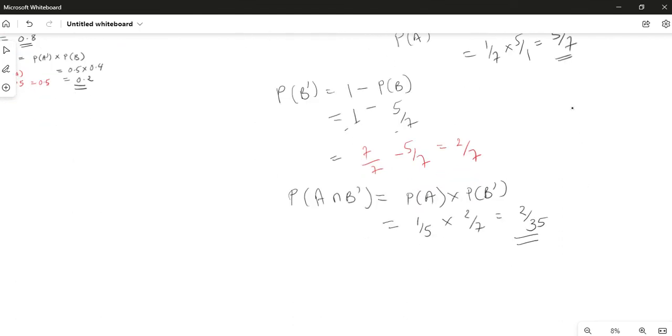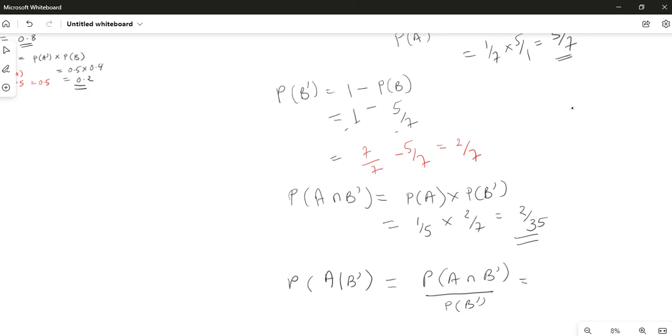Now we can find the conditional probability of A occurring if B doesn't occur. It is equal to the probability of A intersection B complement over the probability of B complement.